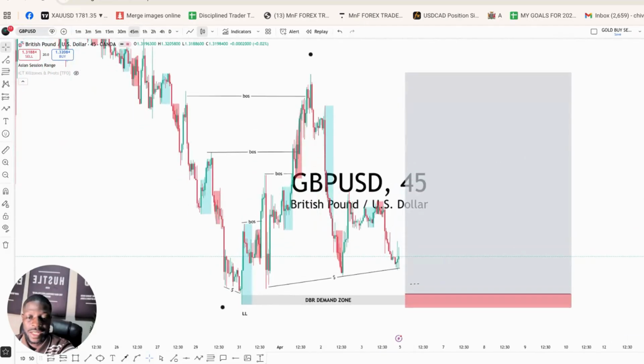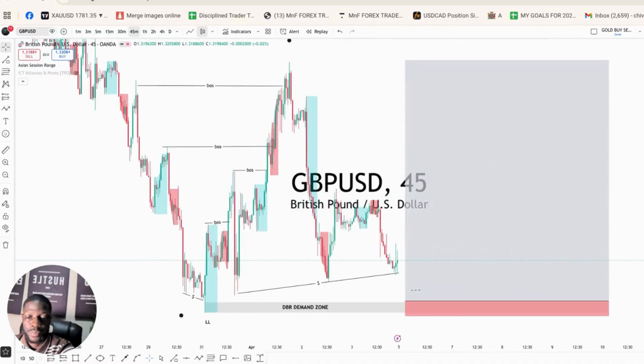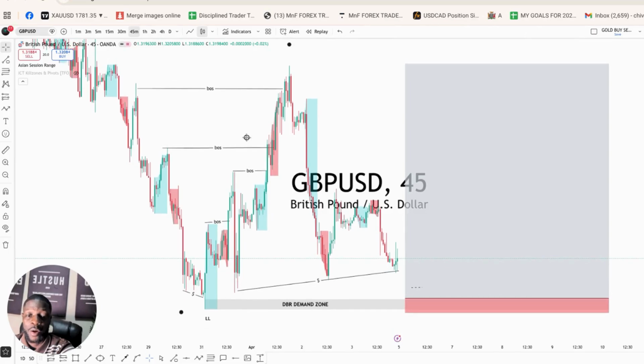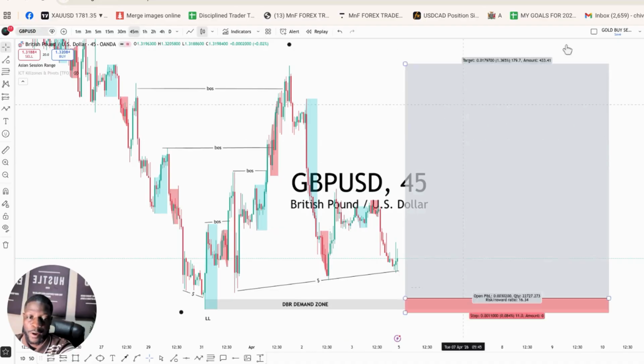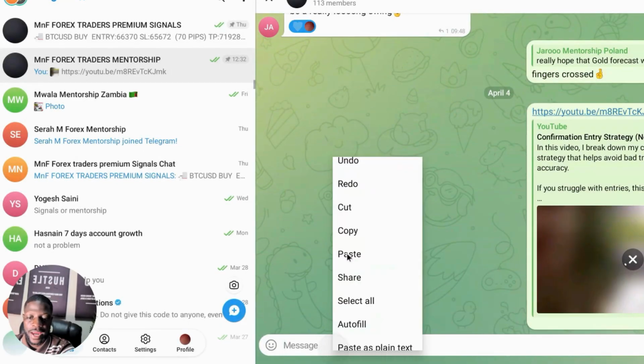So that's how it is, guys. For this particular trade, I'm looking at this 1:16 risk reward ratio, and if everything plays according to what I've anticipated, well, then that will be great. And for now, we are going to forecast this and share this in our premium signals community, like we always do. So let's go ahead and actually share this.